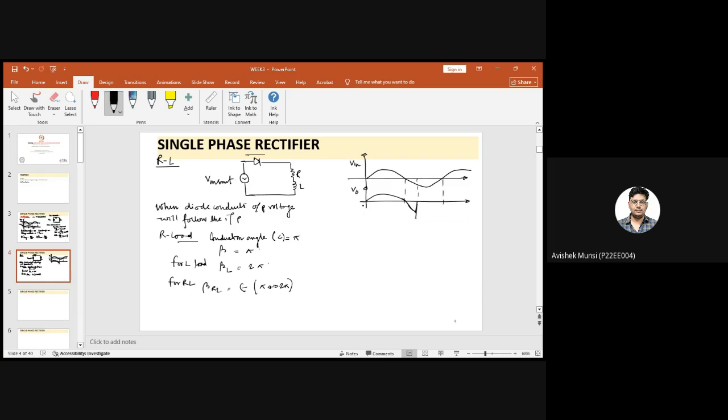So in this case, if we calculate from 0 to pi, this is 0 to pi, and this is my beta, the extinction angle. From 0 to pi, my V0 is greater than 0, my I0 is greater than 0, so also my power is greater than 0. So my source is delivering power.